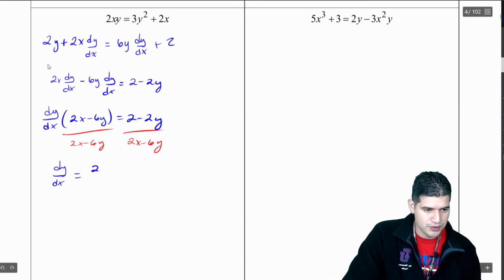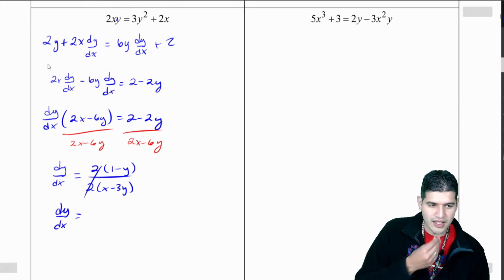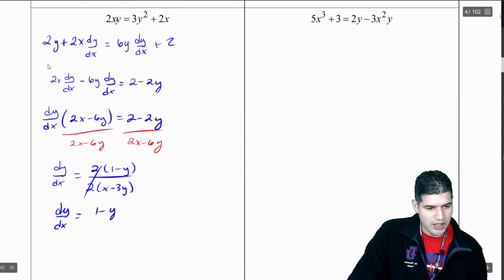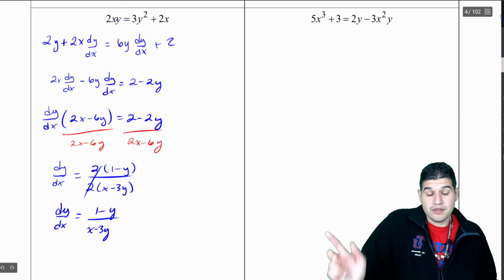So 2, and then I get 1 minus y. And then down here, factor 2, and I get x minus 3y. Then dy/dx equals, because those 2's divide out, 1 minus y over x minus 3y. There it is.